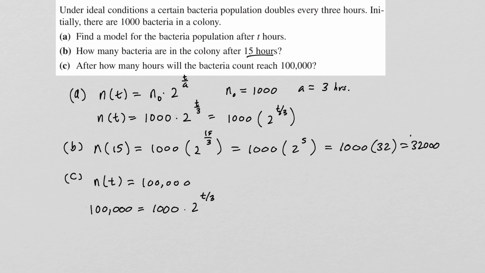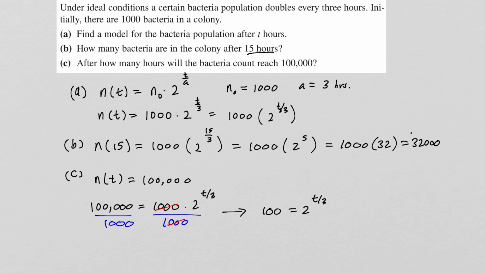Now we're just solving an exponential equation. First thing I'll do is divide by 1,000. These are going to cancel out, and 100,000 divided by 1,000 is 100. So this gives us 100 equals 2 to the t divided by 3.